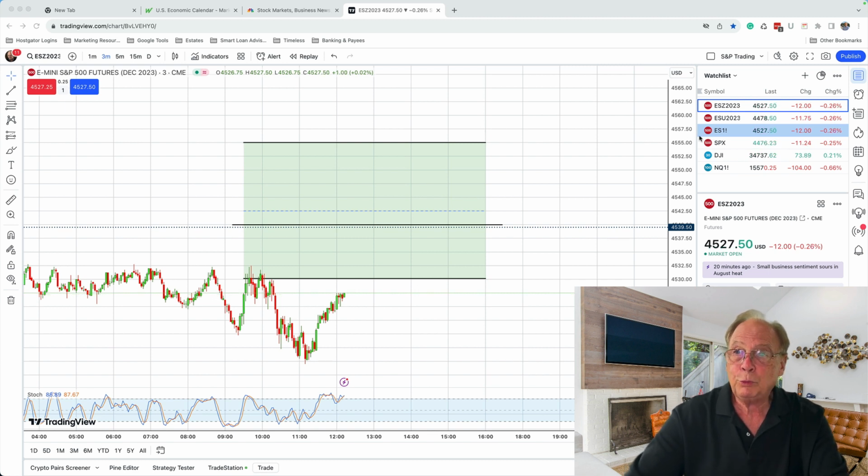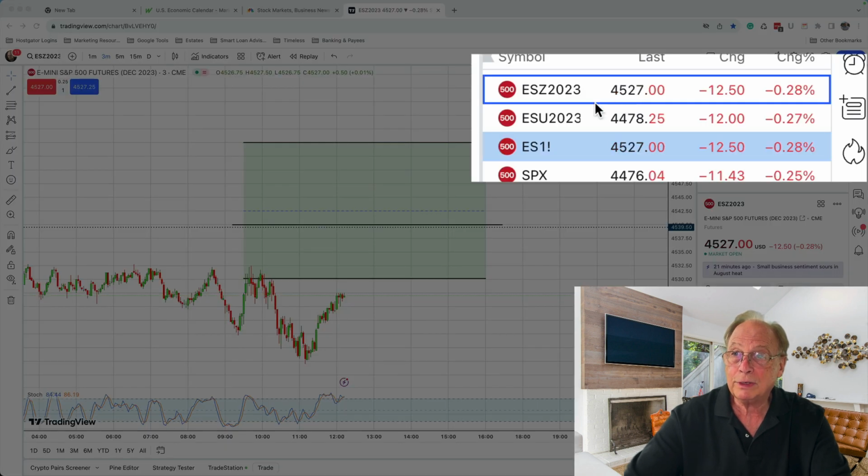Up through last week, I was trading the U contract. And so I want to call your attention to the absolute values of the contract prices. The Z contract, the contract that you're seeing on my screen, is trading right now at 45.27. And you'll notice the U contract, the contract that's expiring, is trading at 44.78.